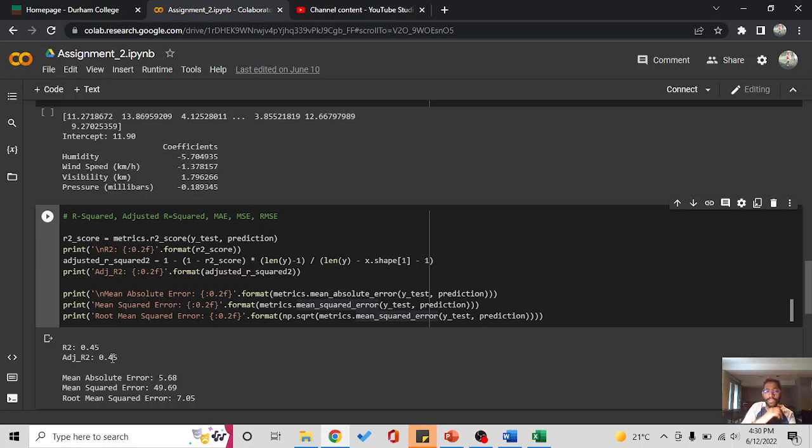And that's only 45% of the entire data. So that's why our model is not doing well. It's not the reason, but it's a symptom. R square basically tells you that.